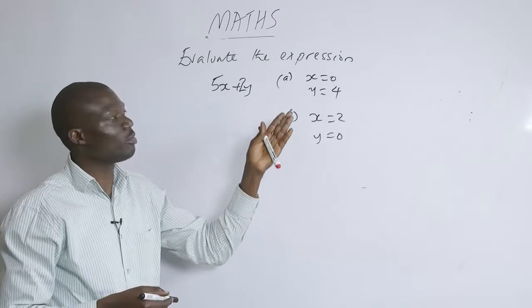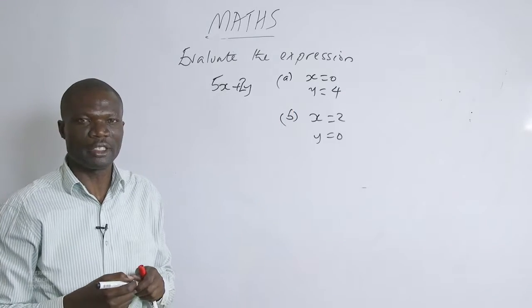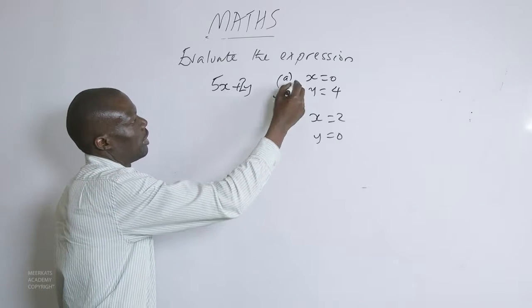For the first part, we shall use the value of x as 0 and the value of y as 4. So for the first part, we look at that.